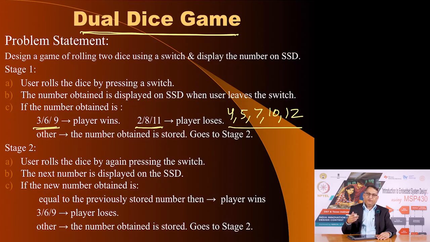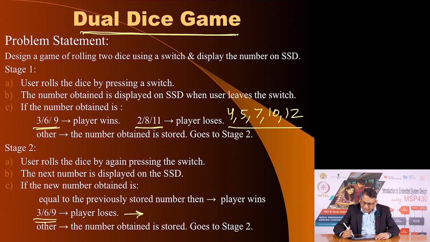On the other hand, if the new number is 3, 6 or 9, then you lose. Else the current value of the new number that you got becomes the old number, you store it and prompt the user to roll the dice again, and you stay in stage 2 till a decision comes out.